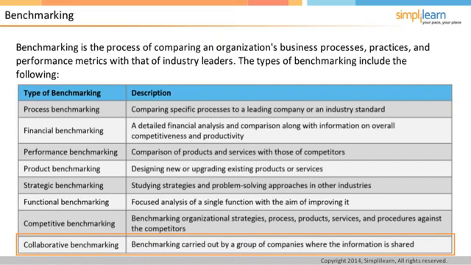Collaborative benchmarking is a type of benchmarking where the standardization of various business parameters is carried out by a group of companies and the information is shared. If the subsidiary units of a company or its various branches carry out the benchmarking, it is called collaborative benchmarking. Let us take a look at best practices for benchmarking in the next screen.